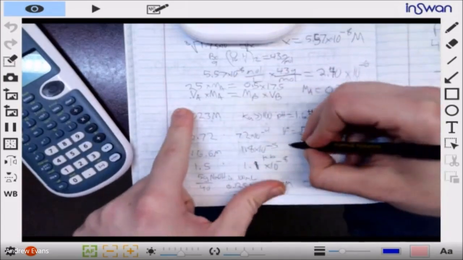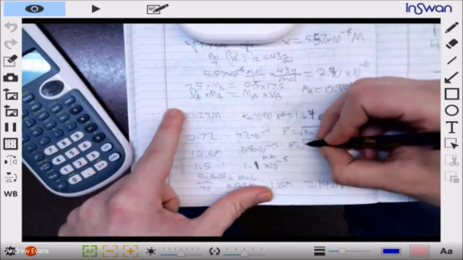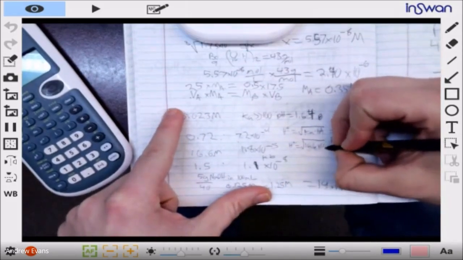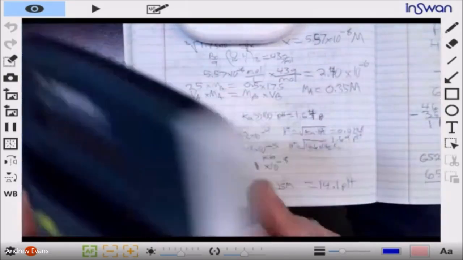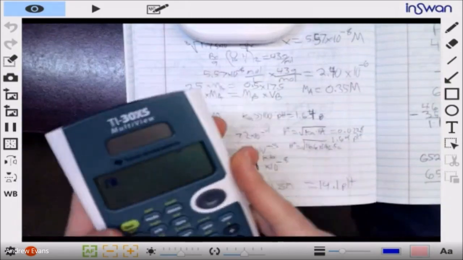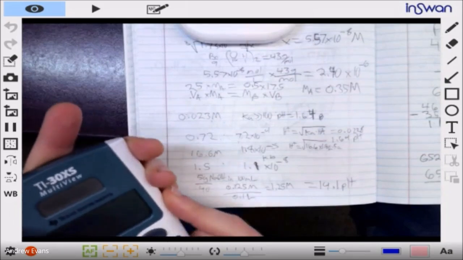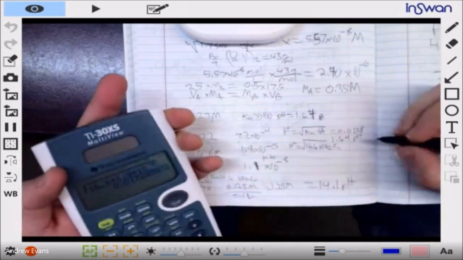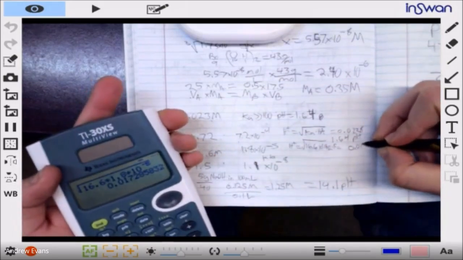Let's do it again. H plus is equal to the square root of Ka times HA. What is the concentration of H plus? 16.6 times 1.8 times 10 to the negative 5, root. You get 0.01.